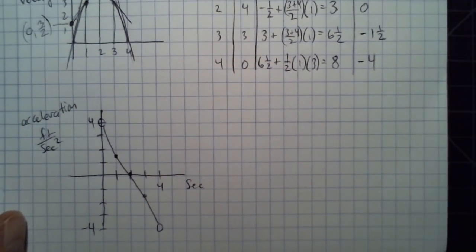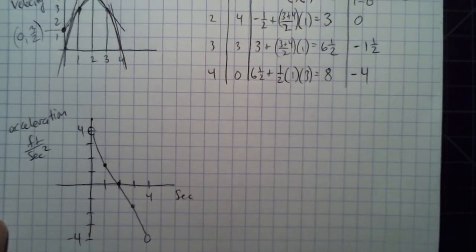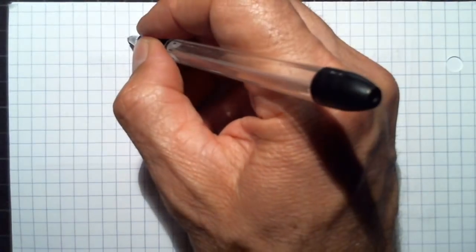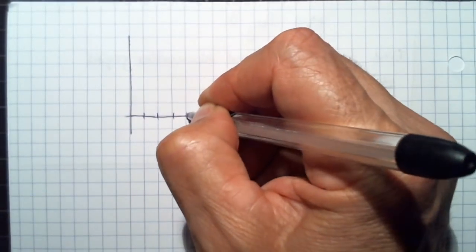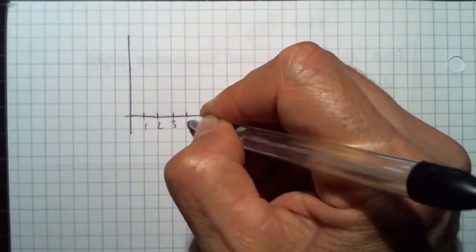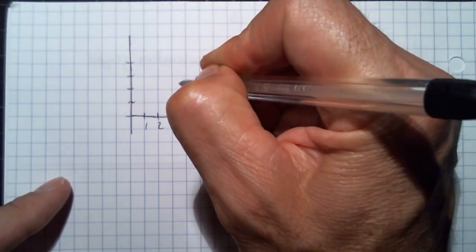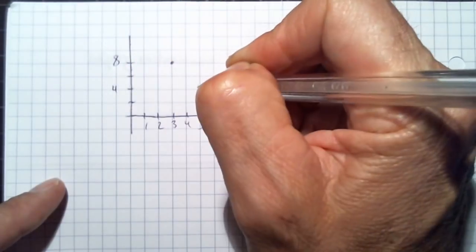We'll get a graph like that. This will be 8, 4.